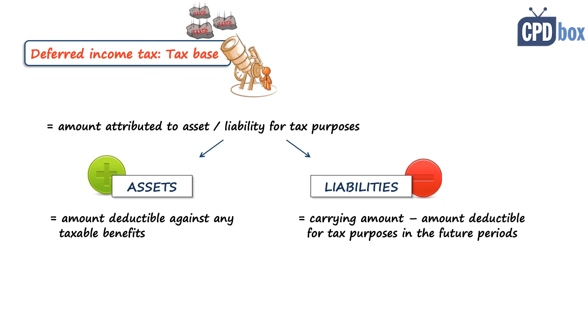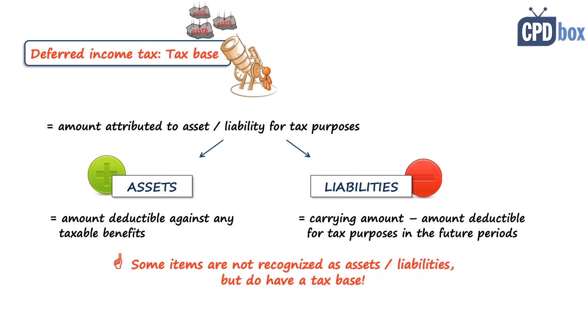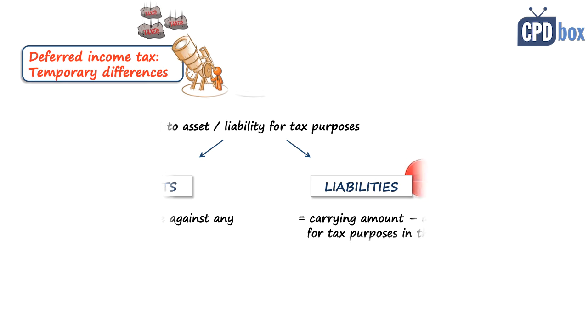And on top of that, there could be some items that are not recognized as assets or liabilities in the statement of financial position and still do have a tax base. For example, research expenses that were recognized in profit or loss in the period when you paid them, but tax law did not permit them as a deduction until some later time.